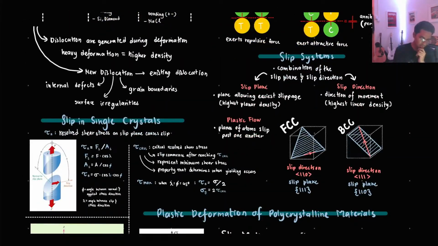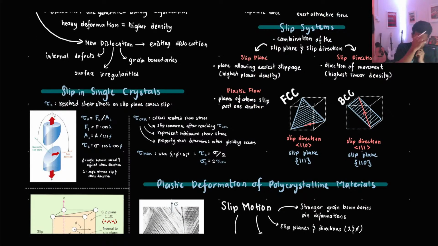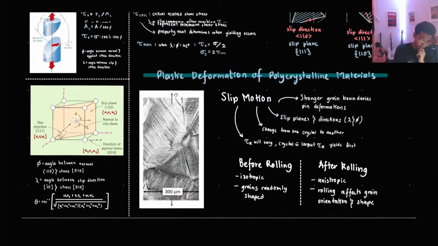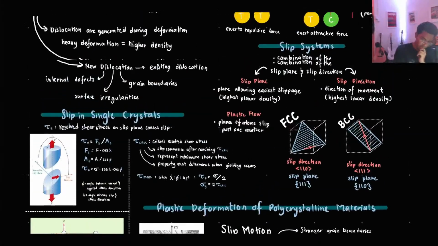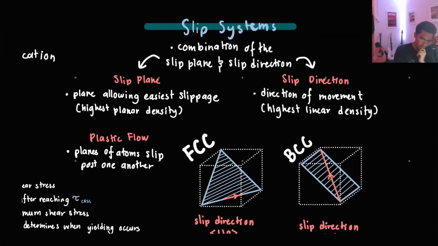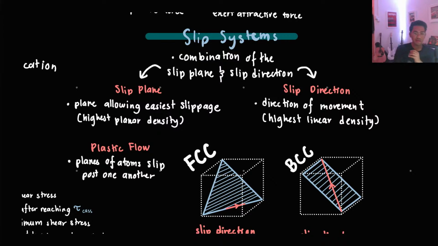Okay, so now we're going into slip system. So you guys must hear Dr. Iswadi say a lot about slipping from last semester or last year. Slipping is the deformation of the planes or the direction of the planes. You have a compound, and how does it deform according to what factors?